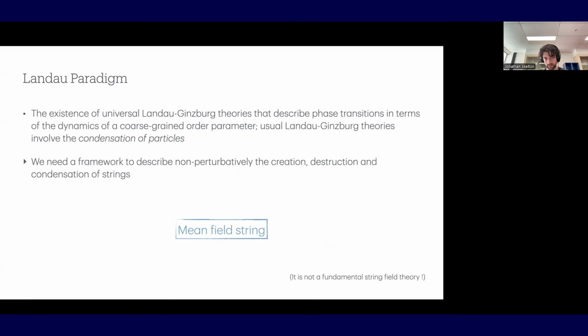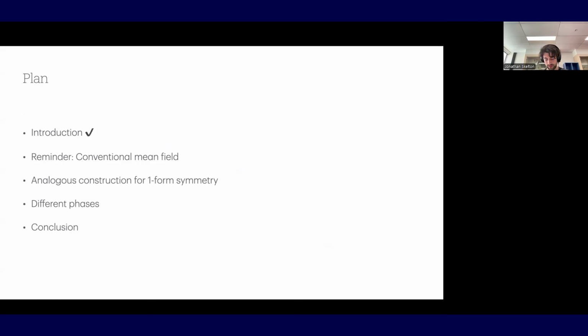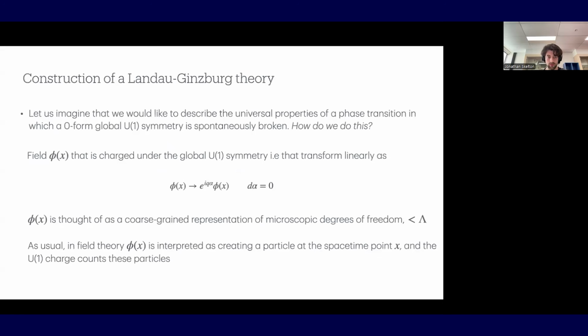This is already a bit of a tricky question in the context of one-form symmetries, because now you have a one-dimensional object, and how can you describe a condensate of strings? And this is where I want to point out that we are not studying fundamental strings, so we will not try to have a non-perturbative description of how strings interact. We will really construct a mean field that is valid only until a certain cutoff. Okay, so that's the main goal, but I think it will become clear once we understand how to do it with zero-form symmetries.